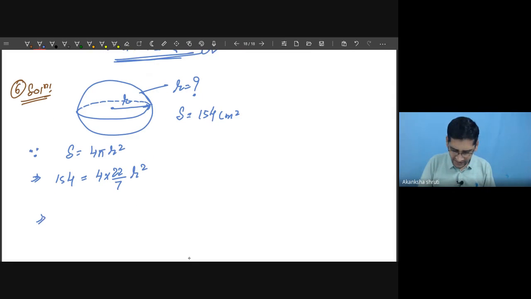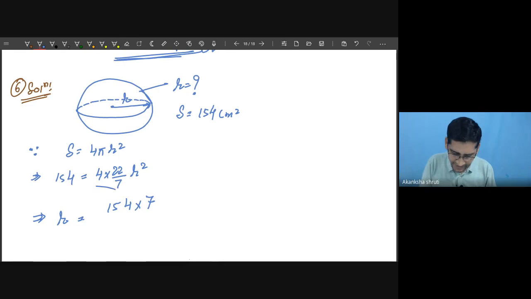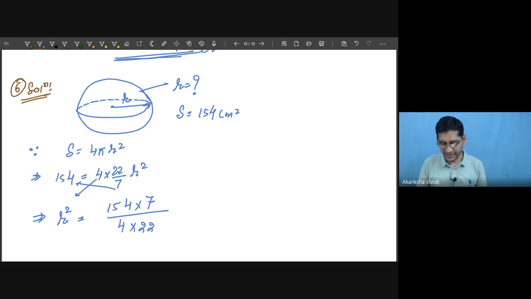For calculating the r, let us keep the r on the left hand side. So 154 multiplied by 7, this 7 will multiply to this one, and 4 by 22 will come in the denominator. The r square is there, so that r square needs to be maintained. So that we have done here.